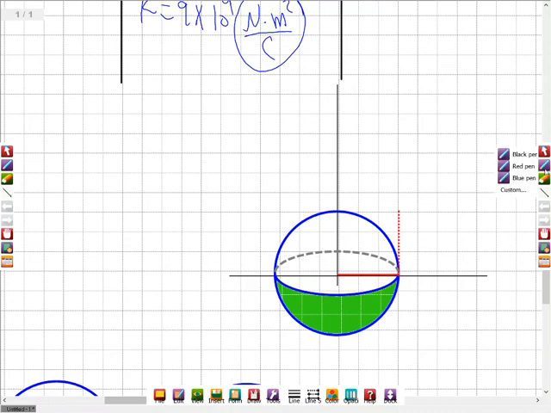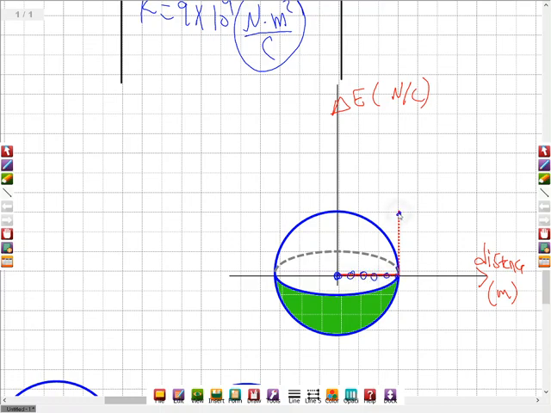This axis is distance in meters, and this is the electric field in newton per coulomb. We said the electric field from the center is 0.